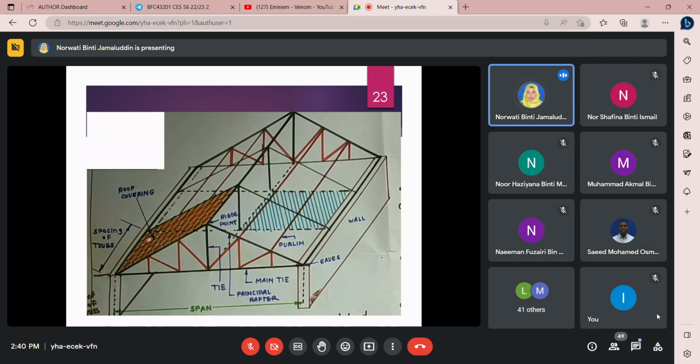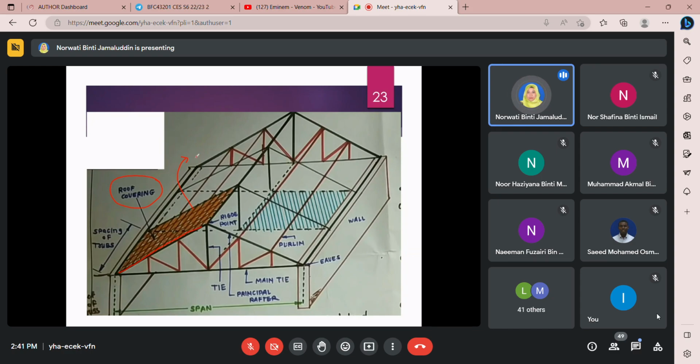This is just a 3D view. I just want to highlight that you have roof covering, your roofing system. This one can be asbestos, but we no longer use asbestos.